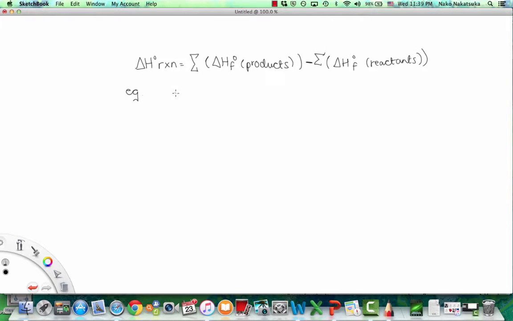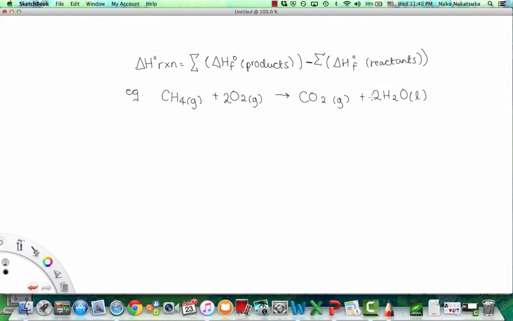What if someone asked you, what's the standard enthalpy of combustion of methane, CH4? Combustion is always when you burn something in oxygen. Make sure that it's a balanced equation and you end up with carbon dioxide and water. This is a standard combustion equation for methane.